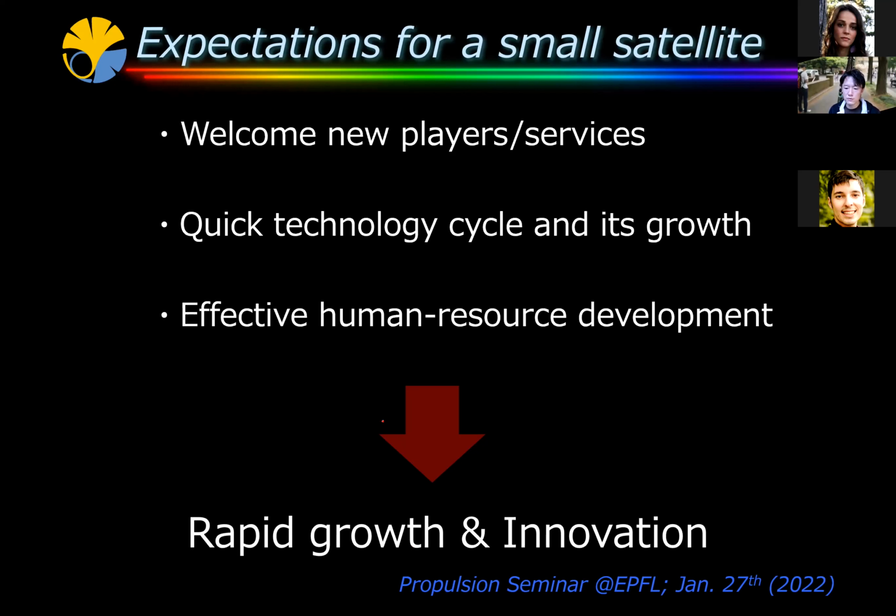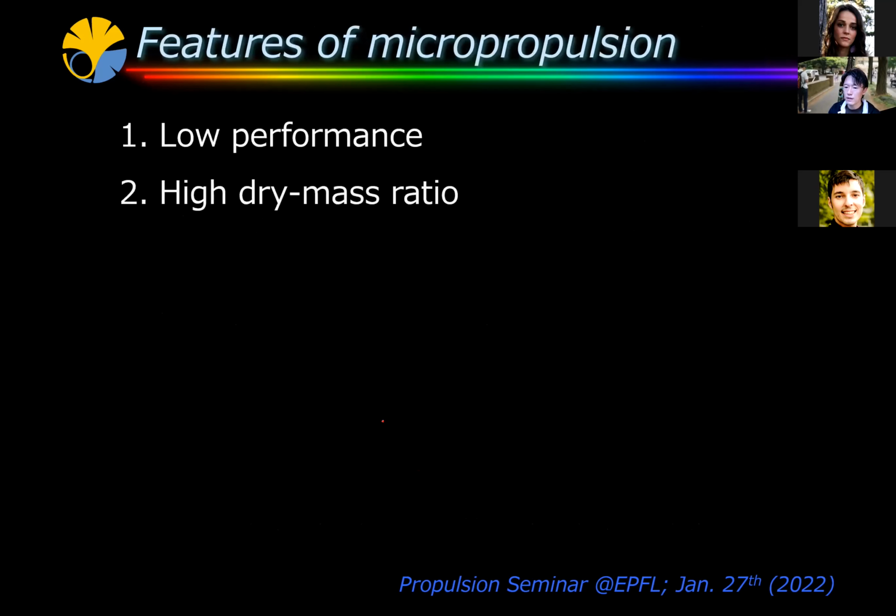This is also true for human resources: effective human resource development can be achieved. So these are expectations for small satellites. And as a result, rapid growth and innovations are expected.